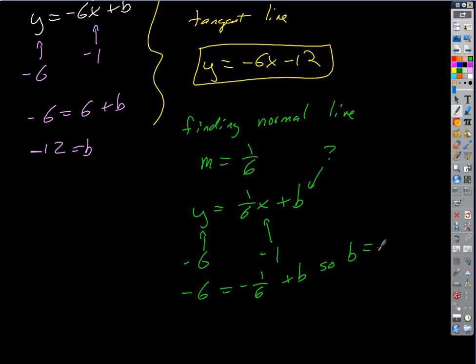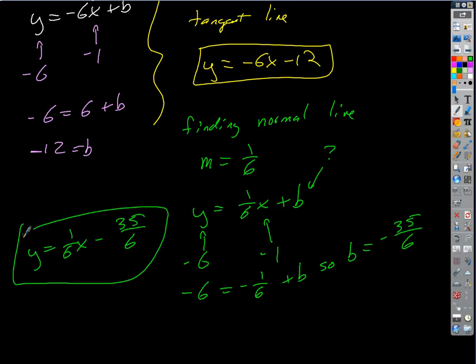So b would be -37/6? No, -35/6. I've got -36/6 plus 1/6, -35/6. And so my normal line would look like y equals 1/6x minus 35/6. How about that? Sounds pretty good.